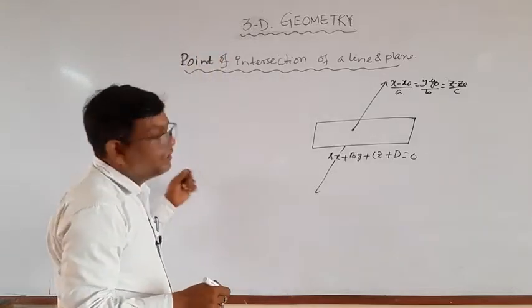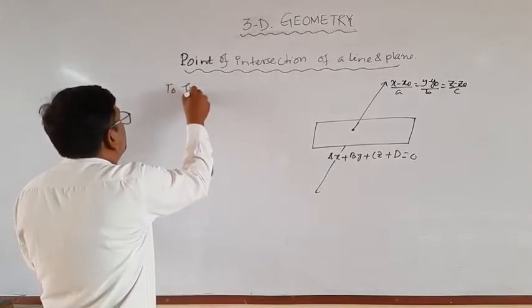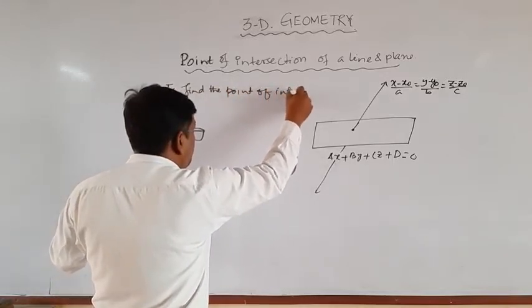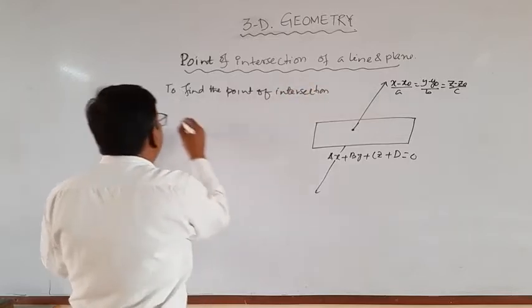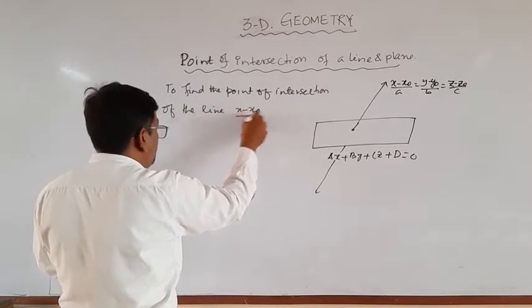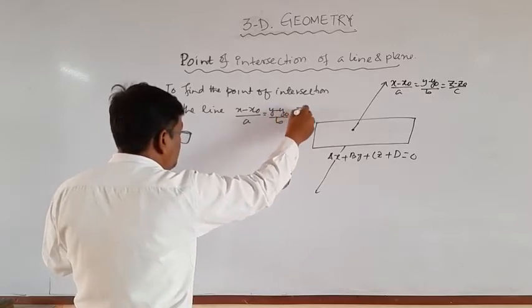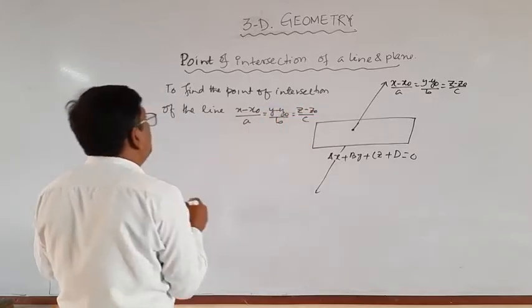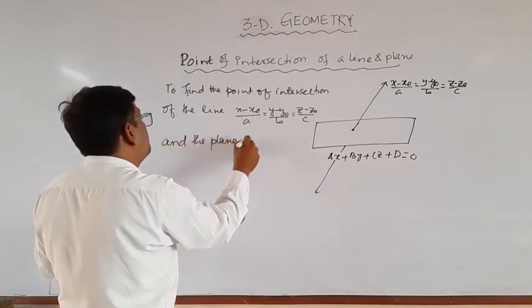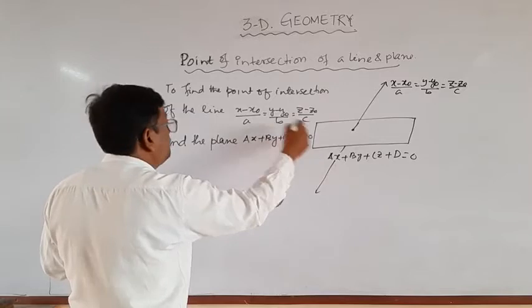First we have to find the point of intersection of the line and the plane.